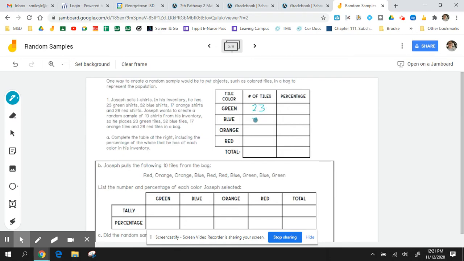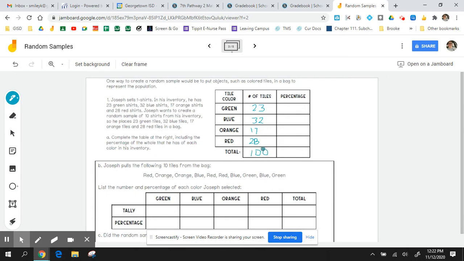In blue, there are 32 shirts or tiles. Orange is 17, and 28 in red. If you add these together, you should get 100 shirts.